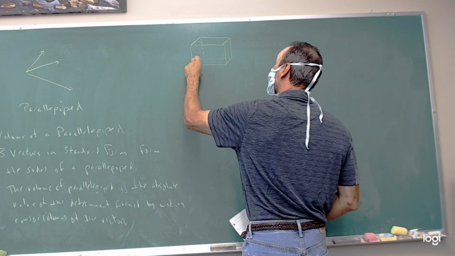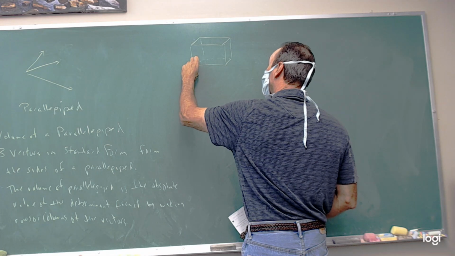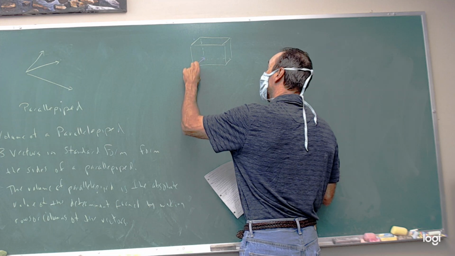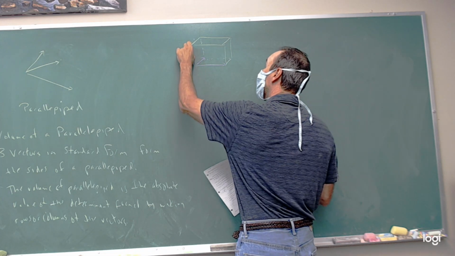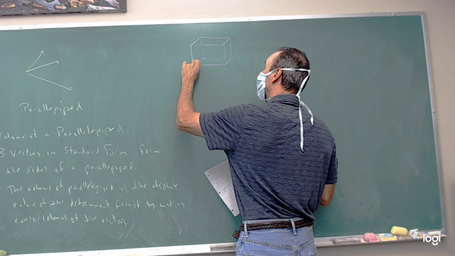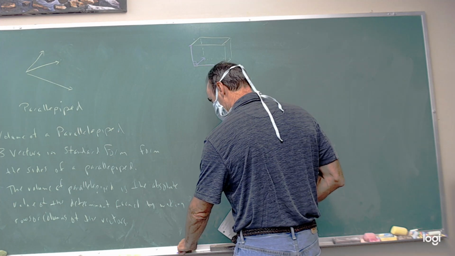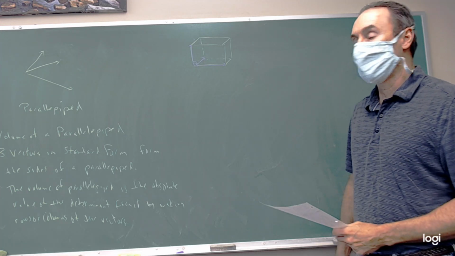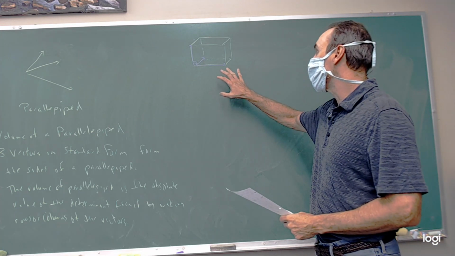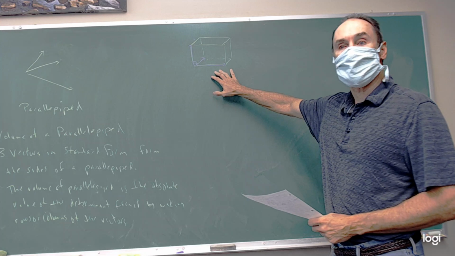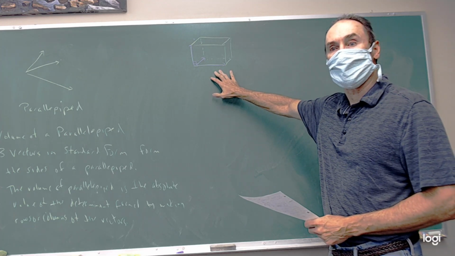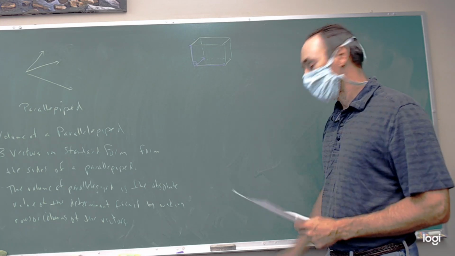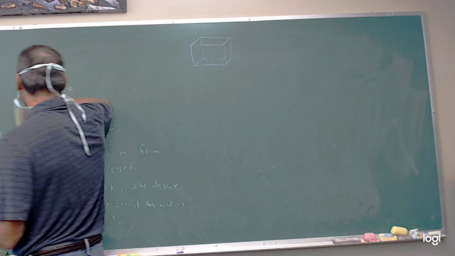So the vectors are going to be perpendicular to each other, which means we have the opportunity to find the volume here using our determinant, which I think you're going to like, and then we can also compare it to finding the volume the old-fashioned way, length times width times height, which we couldn't do if it wasn't a right parallelepiped. Does that make sense? All right, have at it.